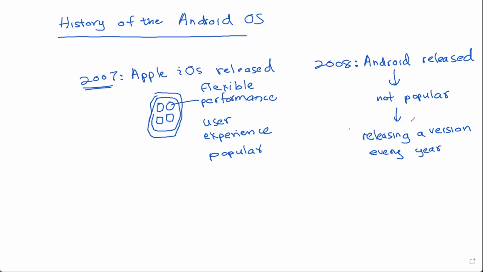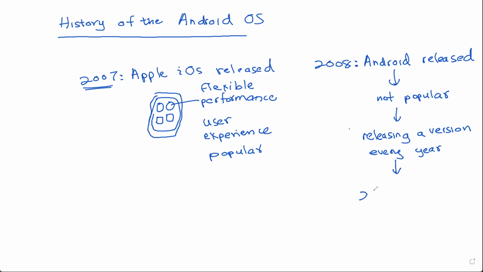It released a version of Android every year since 2008, so we have new versions every year. All those versions had some nicknames, which indicated a dessert name.